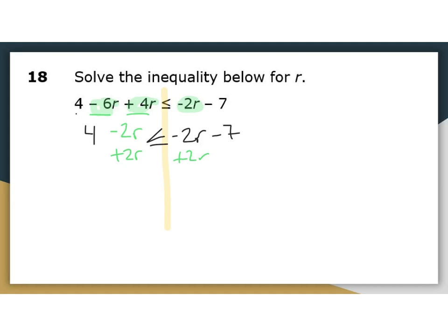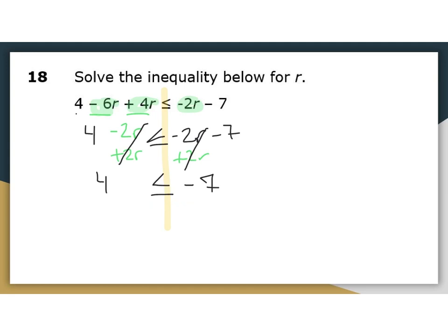When we do that, we have our 4. -2r plus 2r cancels out, leaving us just with our less than or equal to symbol on the left. On the right, -2r plus r cancels out, leaving us with our -7. So when we're reading this, we see 4 is less than or equal to -7.